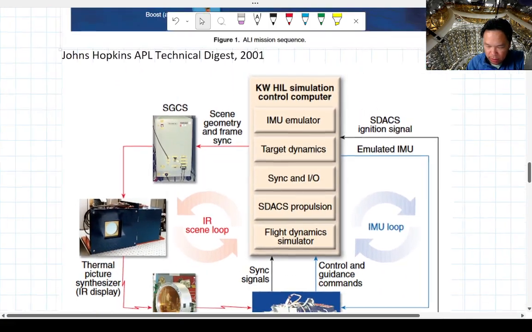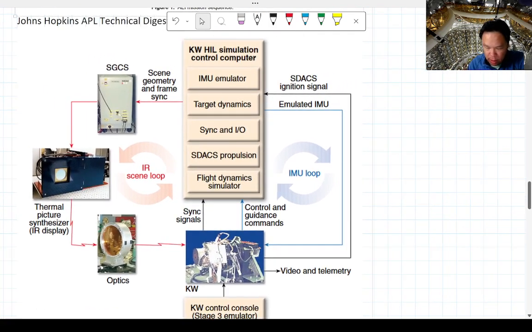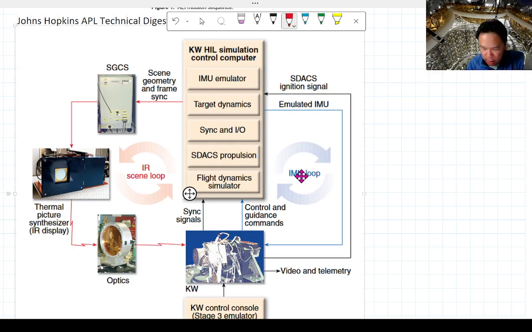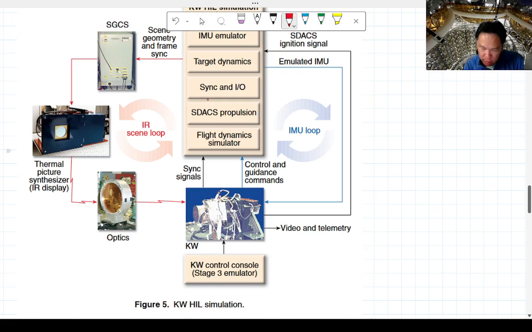So this is usually how a lot of these rocket systems work, where you have two loops: the infrared loop and the guidance loop, where basically all your optics are, okay? And then the electronics part, which is the, let's see, IMU, where the synchronization and IOs are.